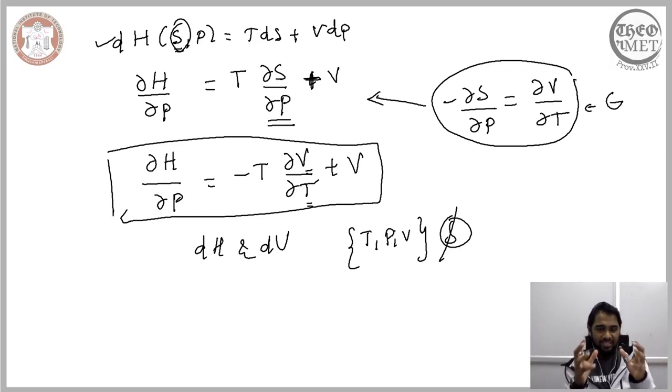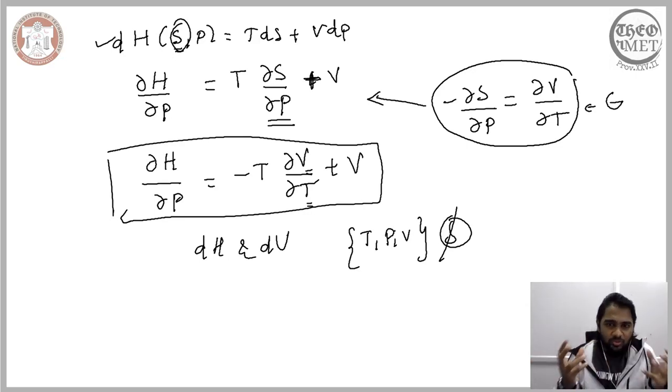So this is the advantage, or the pivotal role, of Maxwell's relation. Maxwell's relation helps us in describing or measuring the change in the thermodynamic function. Without Maxwell's relation, it would be quite difficult for us to quantify the change in the internal energy and the change in the enthalpy for a physical system, because measuring change in entropy is quite difficult.